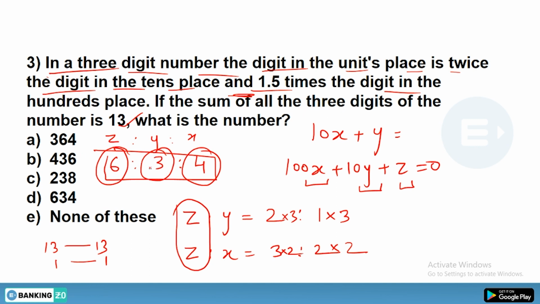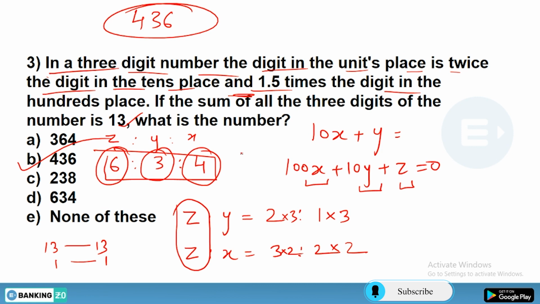So you have got the 3-digit number. Put the value in this number so you can get a clear idea. 436 would be the correct answer, or you can go by the options, but it would be easy if you use the ratio method. As I have told you, the ratio method is a very important method, and you should try to crack every question by this method.